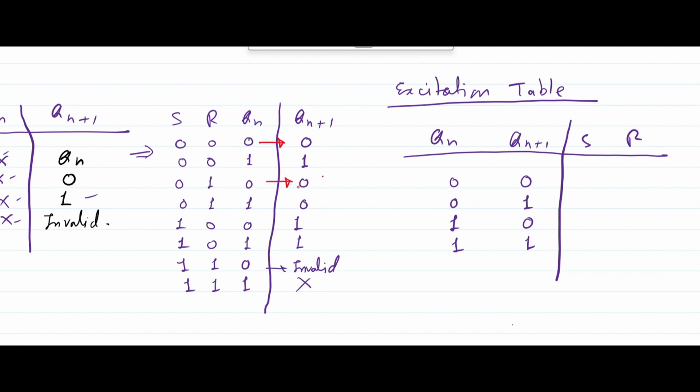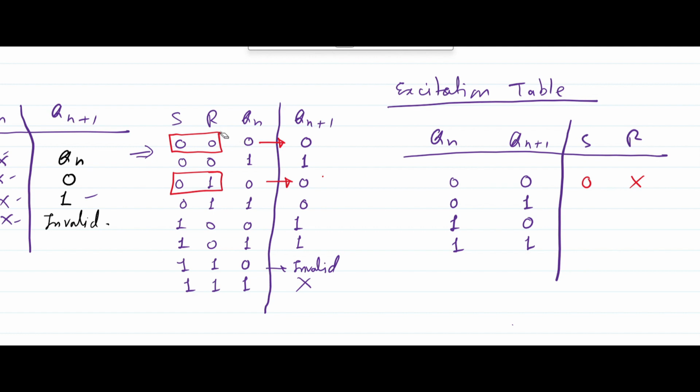So for this combination, if Qn is 0 and Qn plus 1 is also 0, my input S should be 0 and R can be anything. So S should be 0, R can be anything, means I don't care about R.